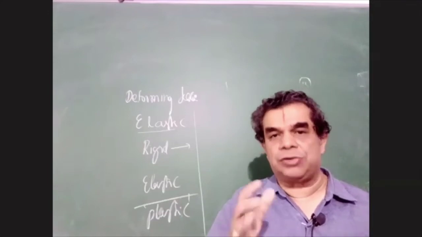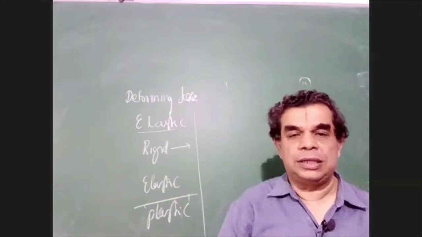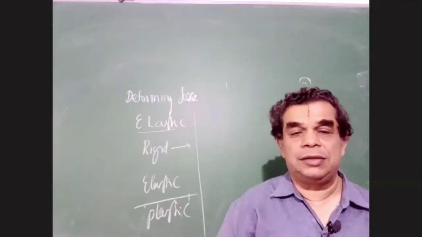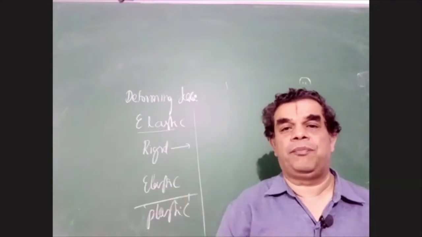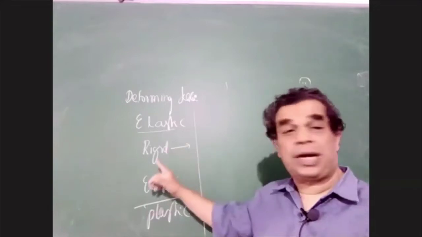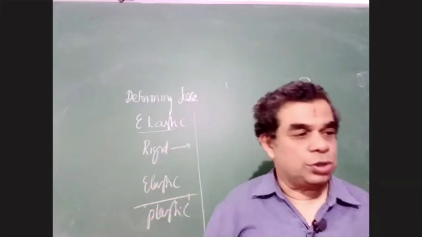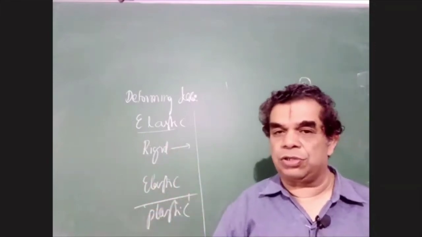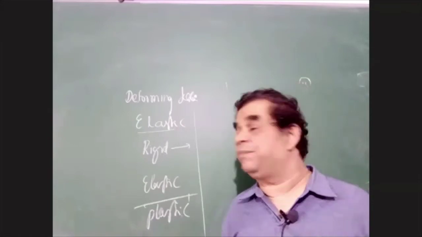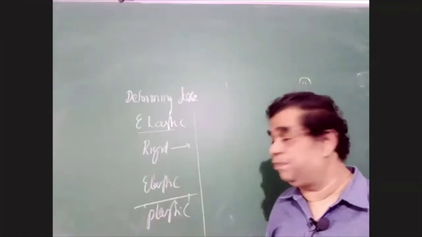That was a good idea. Its shape changes because it is not perfectly rigid. If you have a perfectly rigid body, there is no question of shape change or breaking. That is about the rigid body.